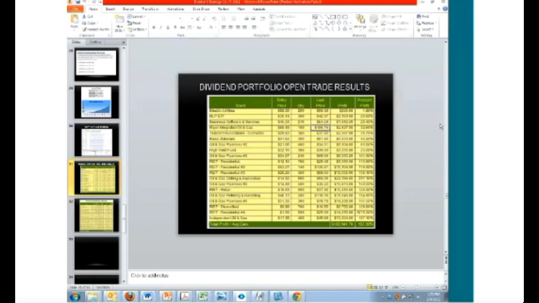Here's a question from George. Is there any reason to not put these dividend vehicles in Roth IRAs? George, I'll ask you to talk to your tax advisor about that. I'm not a tax advisor.